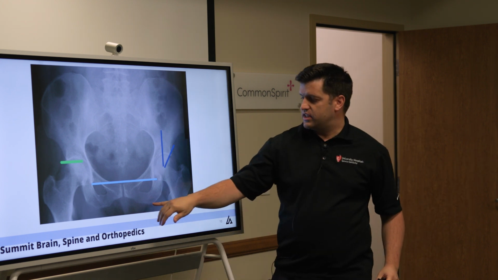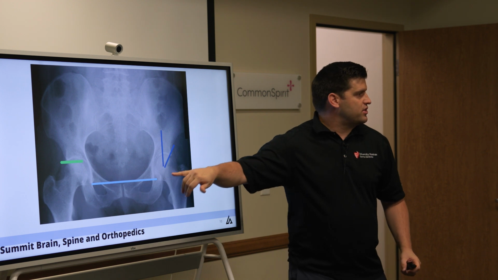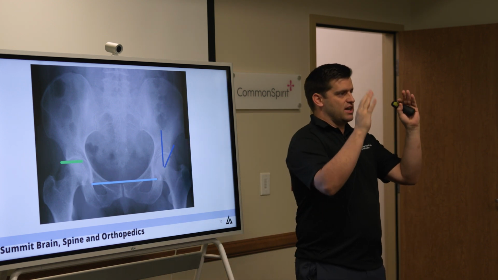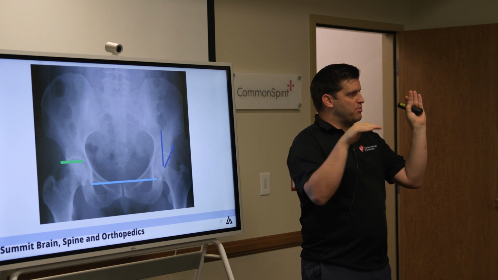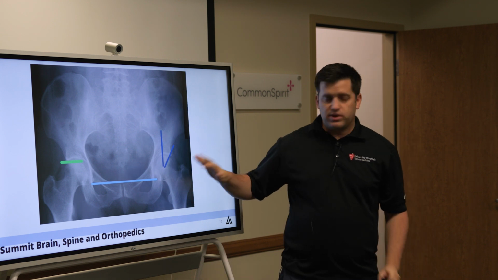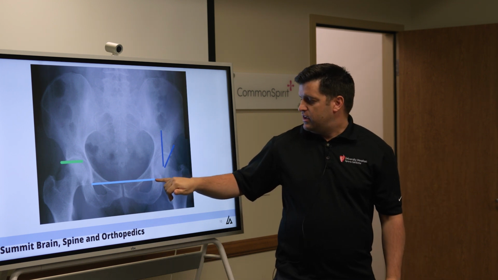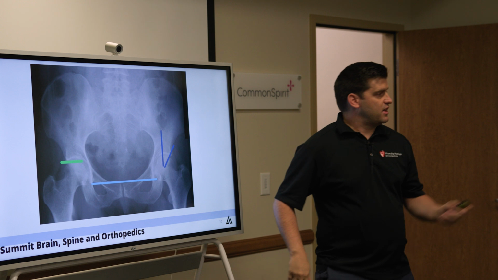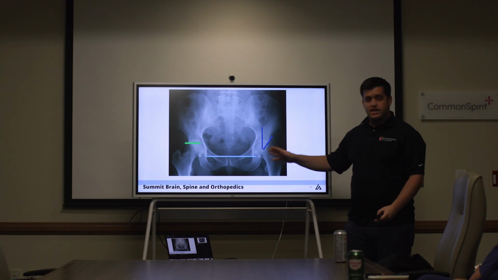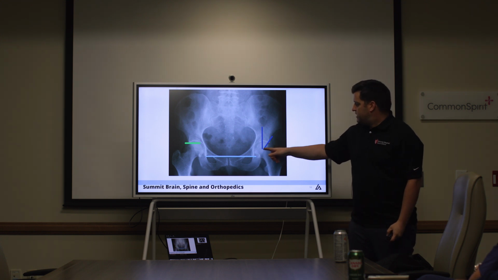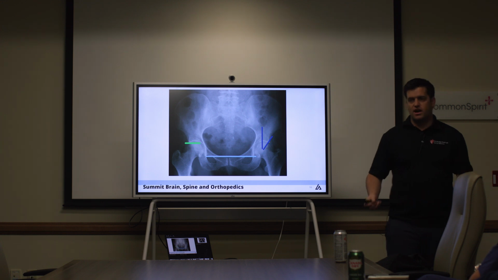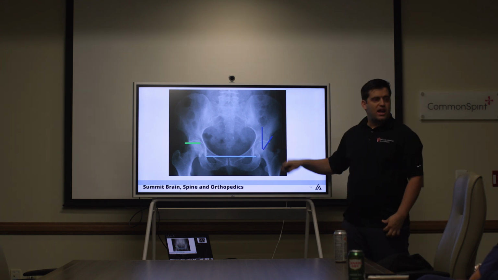You can use the ischial tuberosity or the teardrop, but we have to set a 0 line. Sometimes an x-ray image is a little tilted from the bottom of the page, so we can't just use the bottom of the screen as our 0 line. So we set a 0 line with something like a Cobb angle measurement, and then we make a vertical line 90 degrees from our reference line, and draw a second line out to the edge of the sourcil, or the socket, and that's where we get our center edge angle.